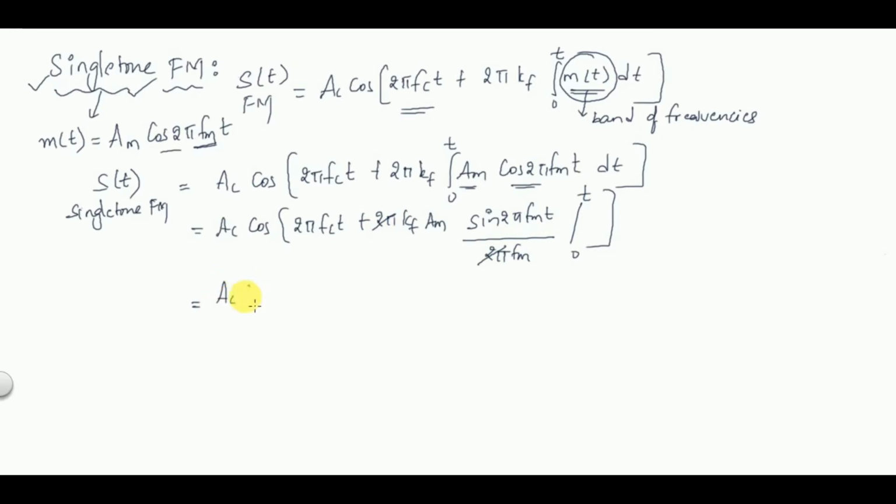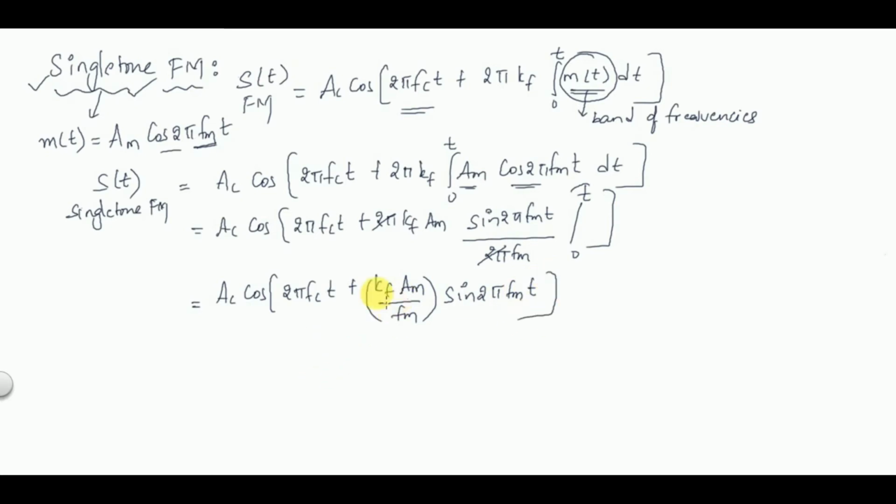What is left over is Ac cos of 2 pi fc t plus kf Am by fm into sin 2 pi fm t. If you substitute the upper limit you get sin 2 pi fm t, and if you substitute the lower limit you get sin 0, which is equal to 0. So you get only sin 2 pi fm t.